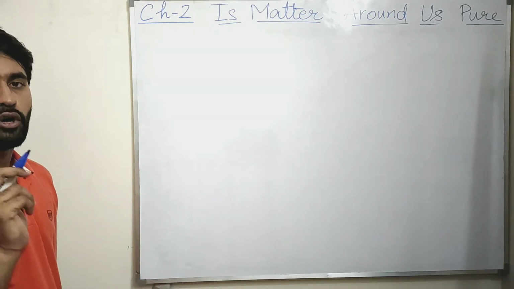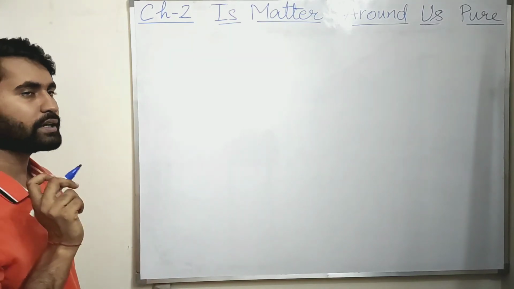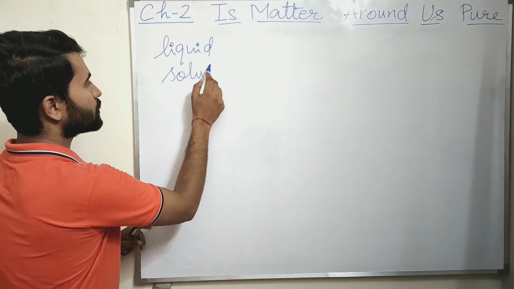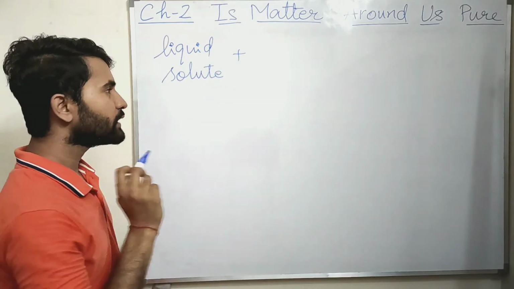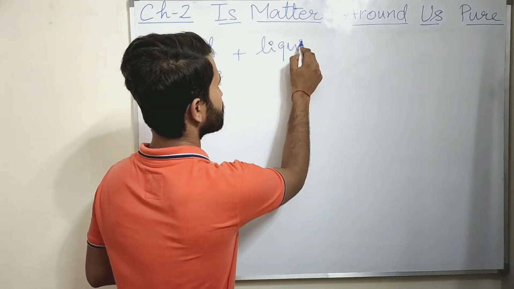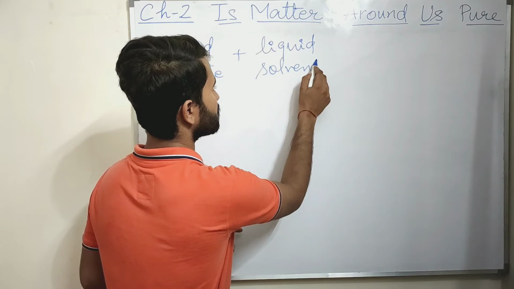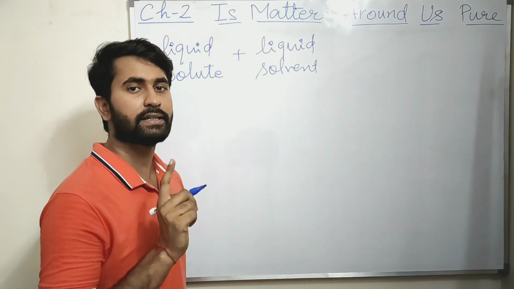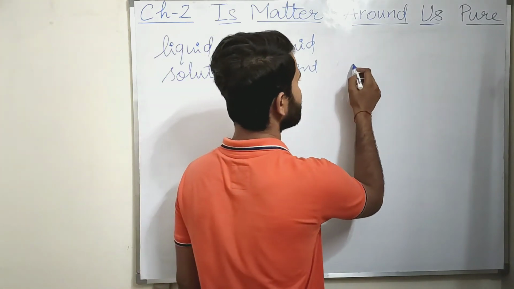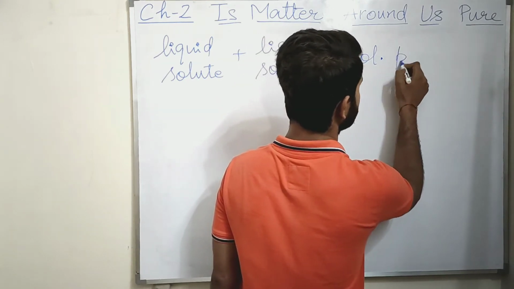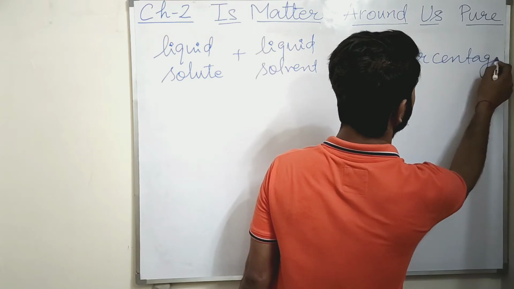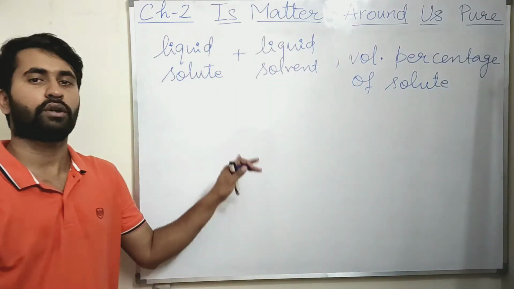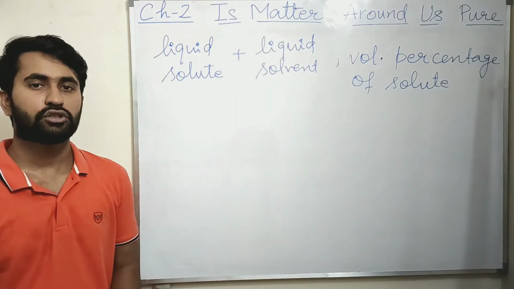If a liquid solute is dissolved in a liquid solvent, then volume percentage of solute is used for calculating the concentration of a solution.